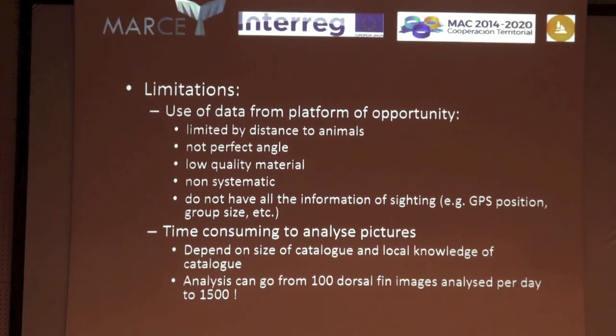You don't always have access to high quality material. It's non-systematic, so although they go out a lot, they will not always cover an area systematically. And sometimes you don't have access to all the information of a sighting, even just the GPS position or the group size, etc.